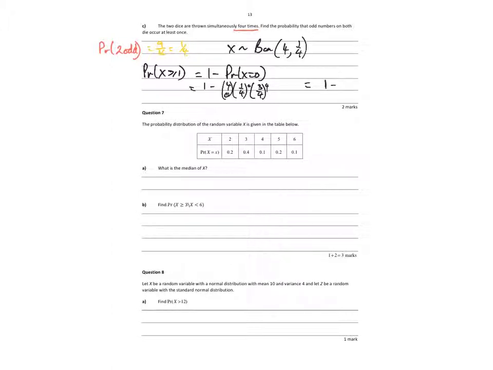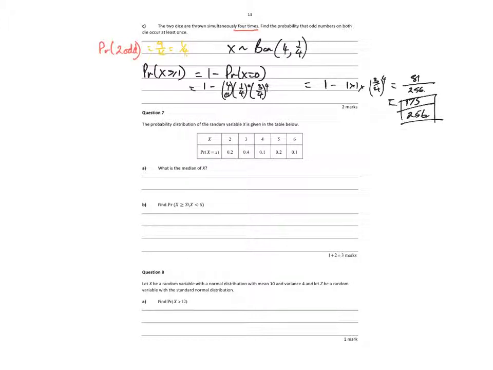That's 1 minus 1 times 1 times 3 to the 4 on 4 to the 4. 3 3s are 9, 9 9s are 81. 4 4s are 16, 4 16s are 64, and 4 64s are 256. So 1 minus 81 on 256 is equal to 175 on 256.